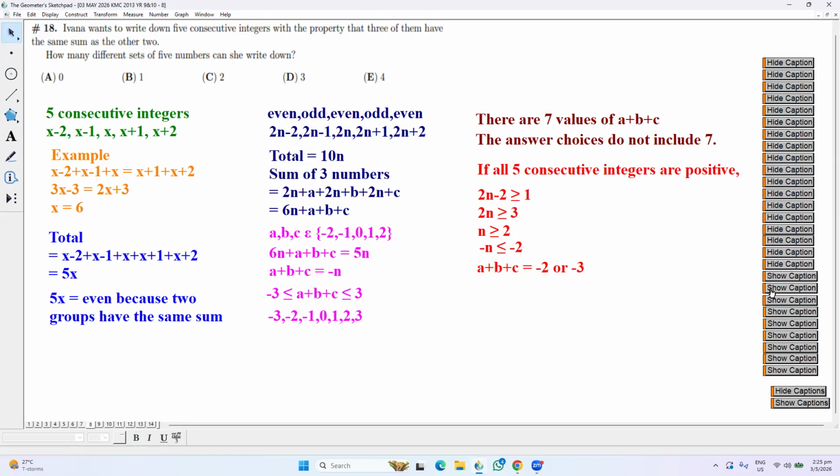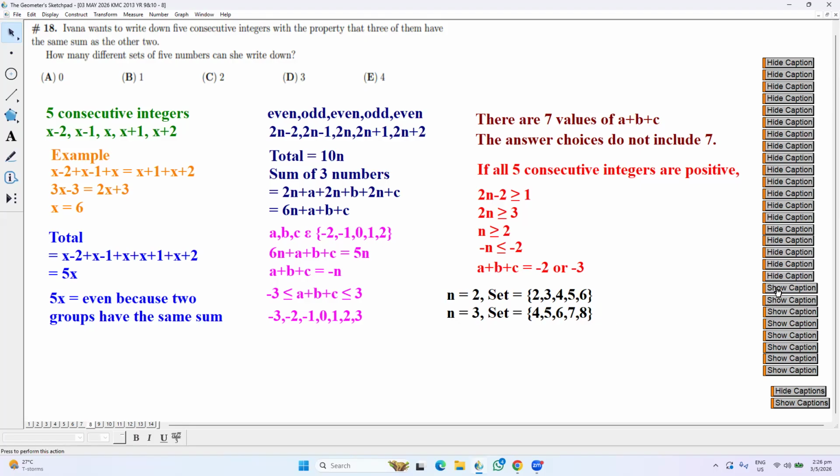So when a plus b plus c is minus 2 or minus 3, when n is 2, then 2n is 4, the middle number is 4. So 2, 3, 4, 5, 6. When n is 3, middle number is 6, 4, 5, 6, 7, 8.